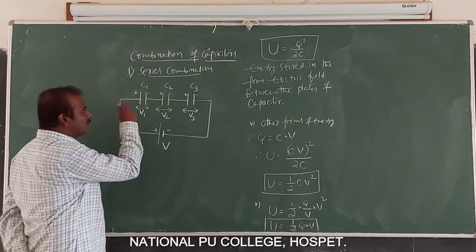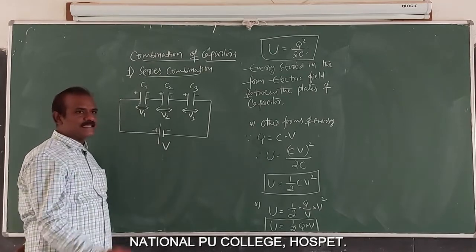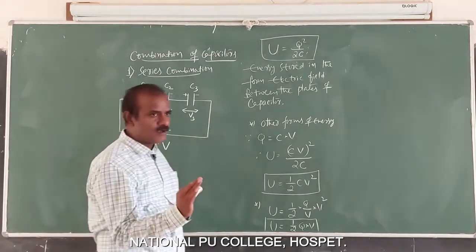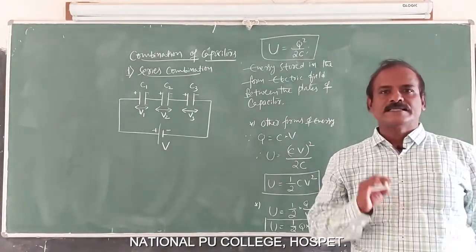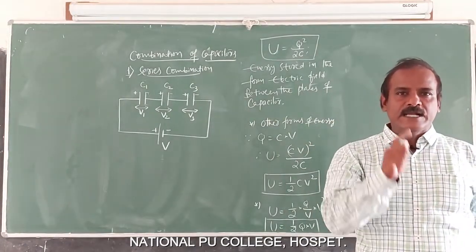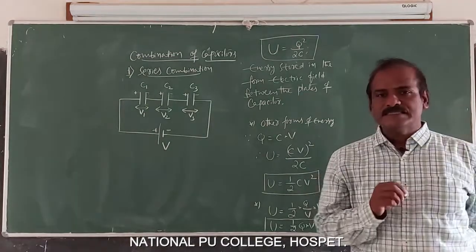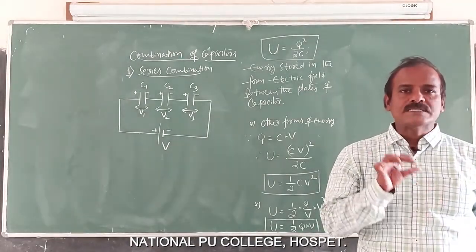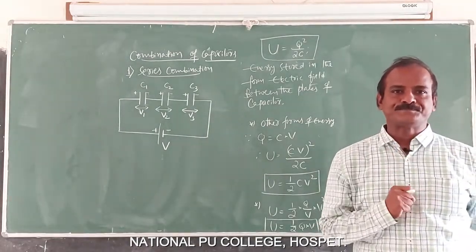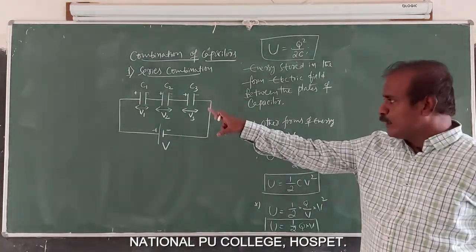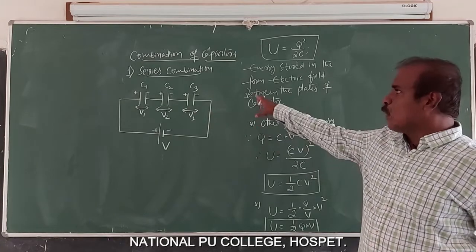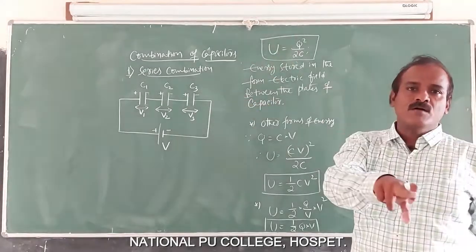The charge on each capacitor would be the same. This is the criterion for series combination. What is the criterion for series combination? The capacitors are connected end to end such that all capacitors will have the same amount of charge, because the first plate of the first capacitor will lose electrons, and where will those electrons go? They will go and deposit on the second plate of the last capacitor.